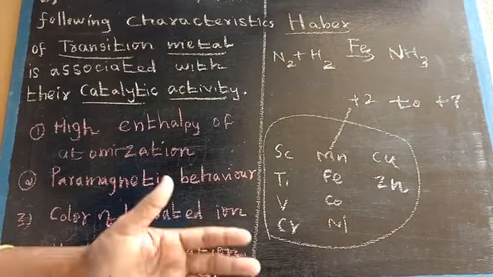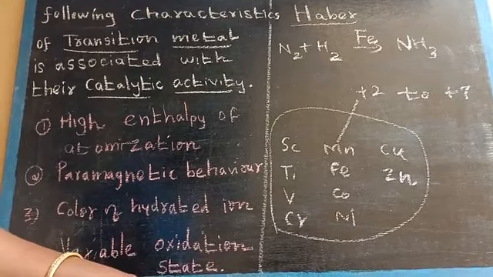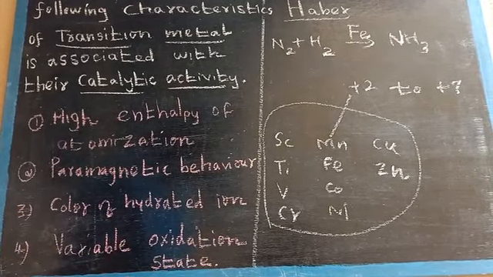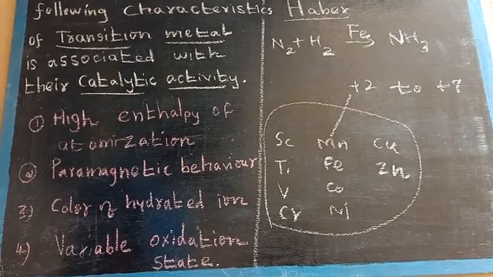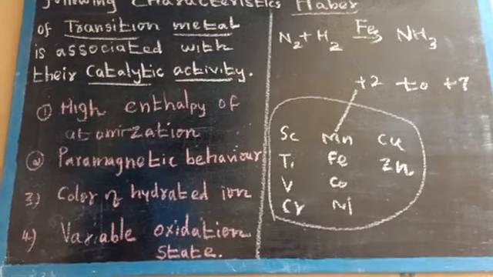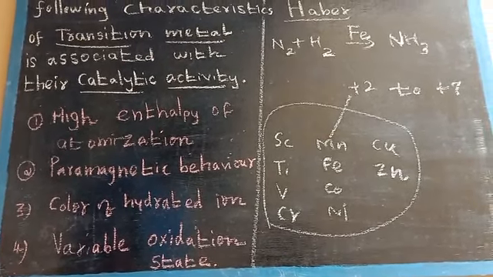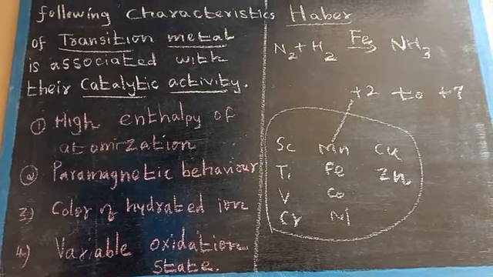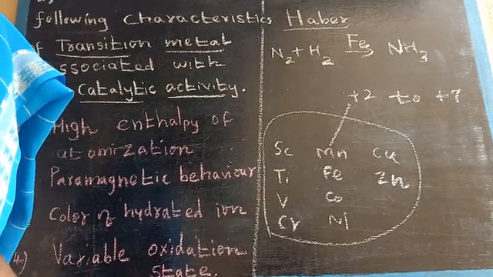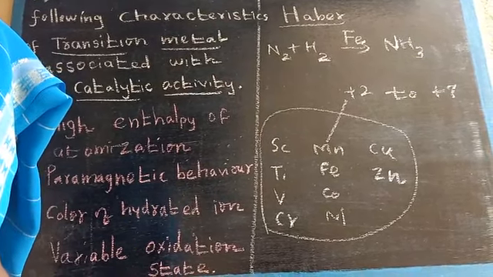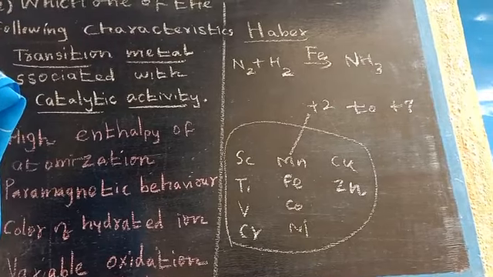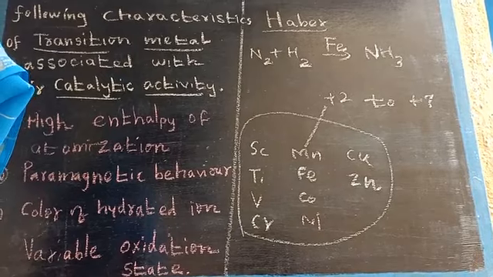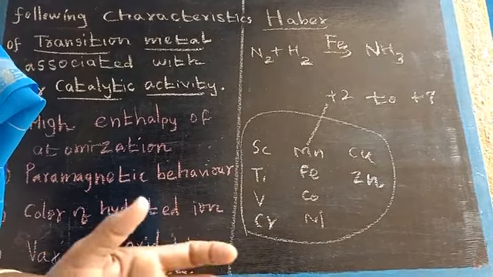Due to their oxidation states, the element reacts with the reactant to give an intermediate product, and after the intermediate product it gives the final product. It is also capable of forming interstitial compounds. In the solid state lessons we studied interstitial: it means not present at the particular place but in between.